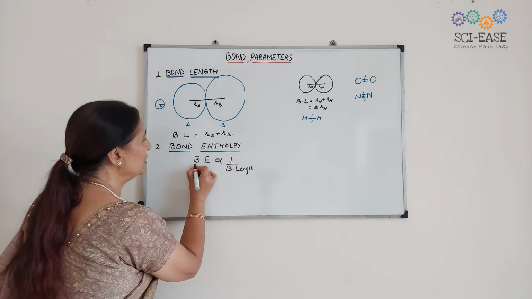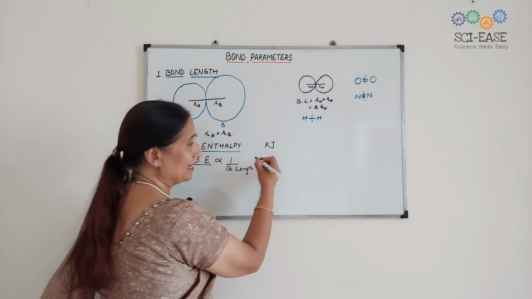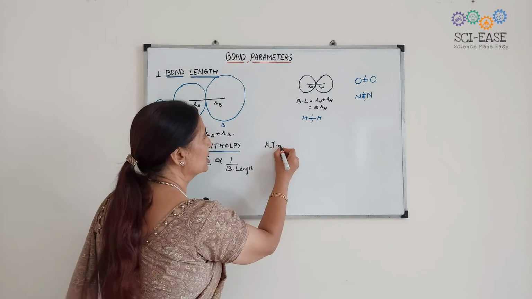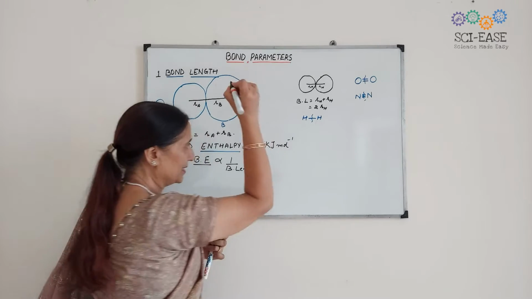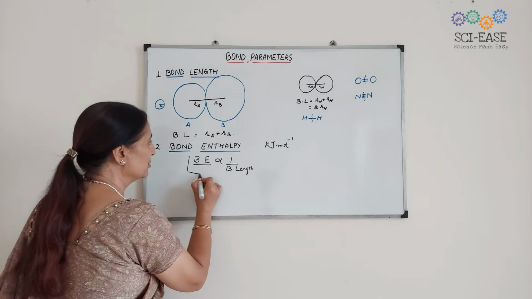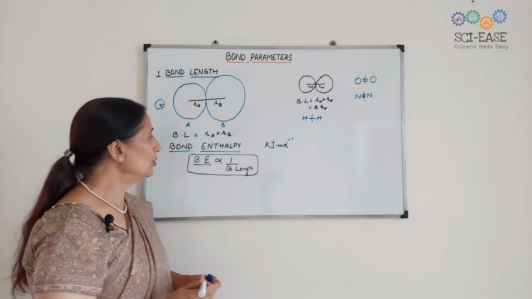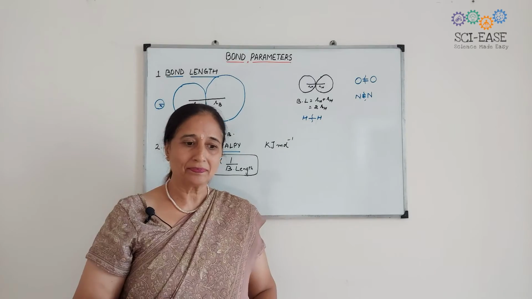And the unit for bond enthalpy is kilojoules per mole, so it is mole inverse. Clear? So we have deduced that bond energy is inversely proportional to bond length.